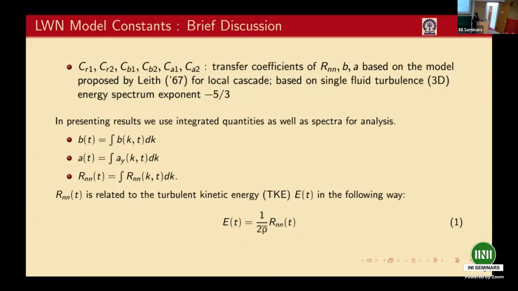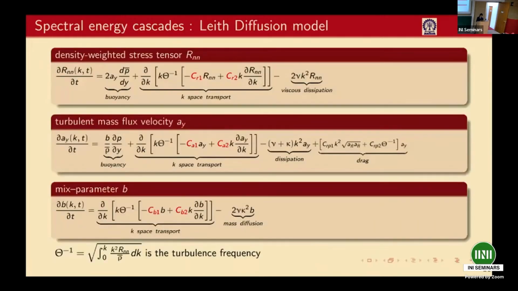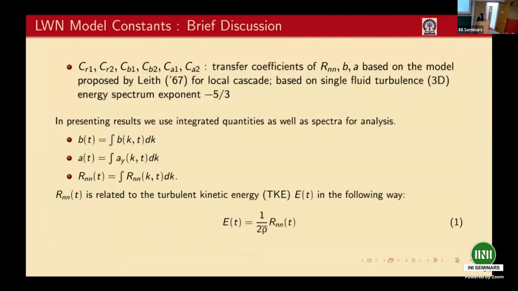So there is a relation between the advection and the diffusion term, between the C's. What we found is the advection is twice the diffusion. Yes, there is a minus sign, so the magnitude of the coefficient is twice the diffusion.